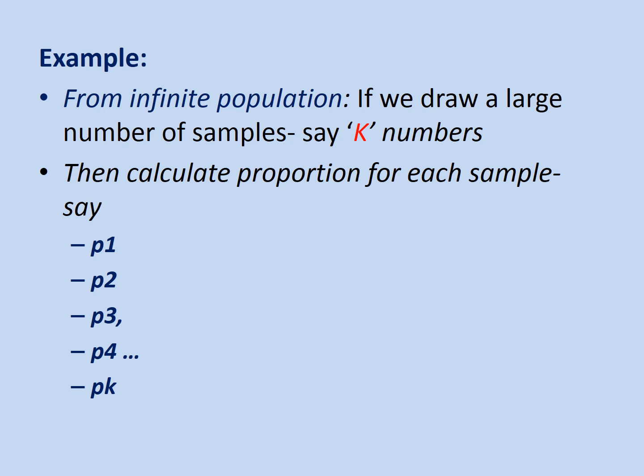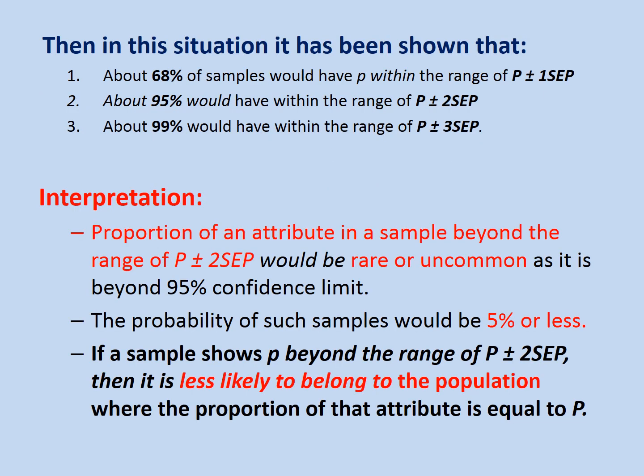That type of sampling variation is measured with the help of the standard error of proportion. We have already seen the concept of the confidence limit in the standard error of mean. The same concept will be applied here. In this situation it has been shown that about 68% of the samples would have p within the range of population proportion plus or minus 1 standard error of proportion.